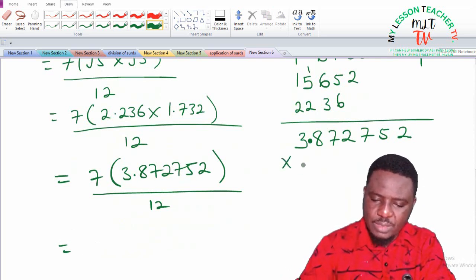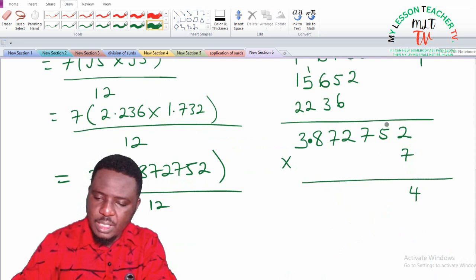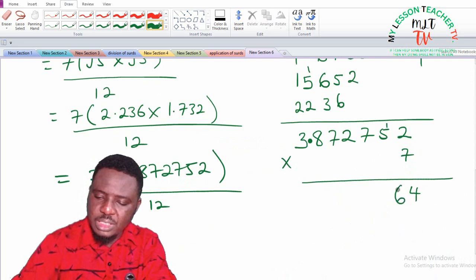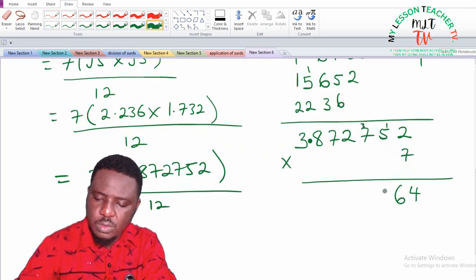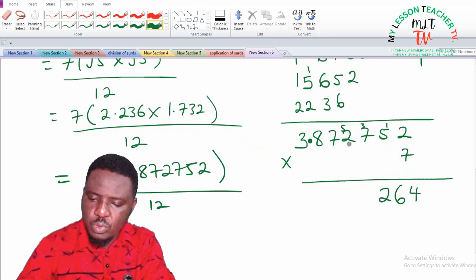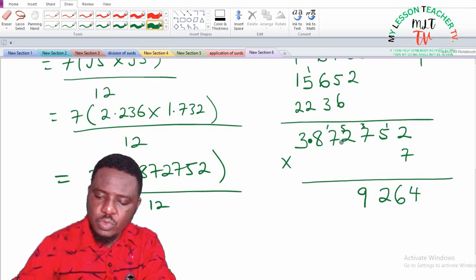So if I multiply this by 7, this gives me 7 times 2 is 14. Carry 1. 7 times 5 is 35, plus 1 is 36. 6 carry 3. 7 times 7 is 49. 49 plus 3 is 52. You write down 2 and carry 5. 7 times 2 is 14. 14 plus 5 is 19. You write down 9 and carry 1. 7 times 7 is 49, plus 1 is 50.